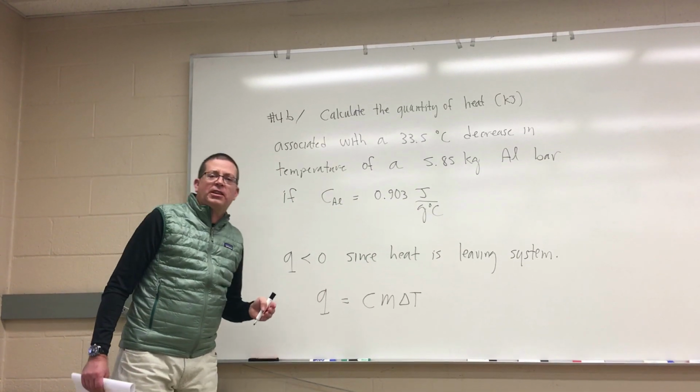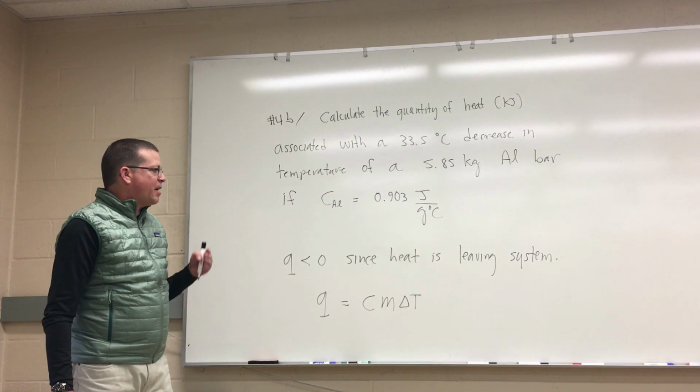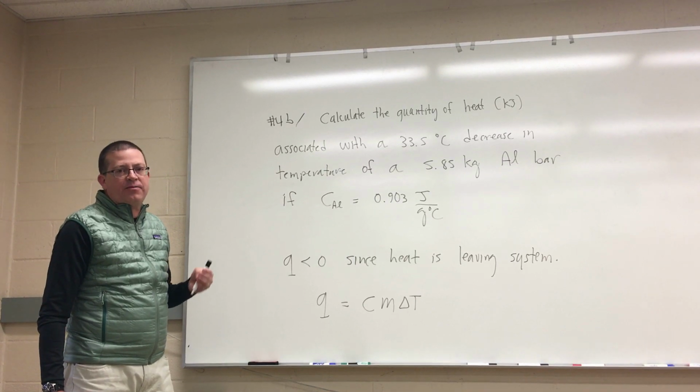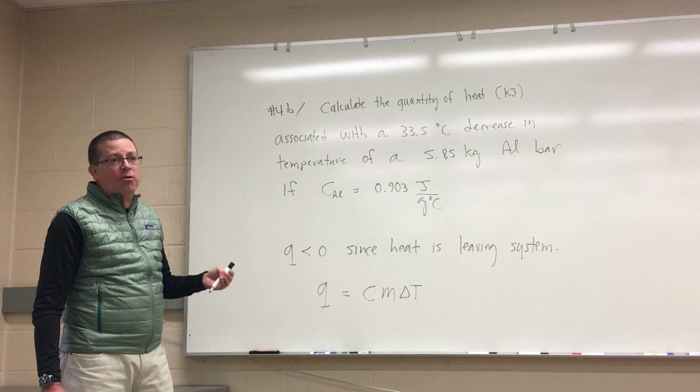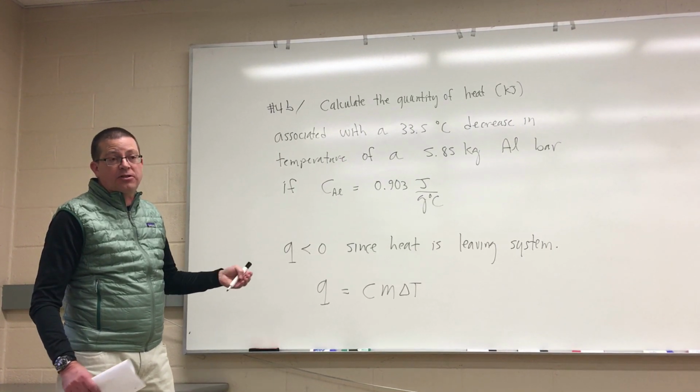The first thing we have to recognize is that we're going to get a negative heat for this system, because the heat is flowing out of the aluminum and into the surroundings.